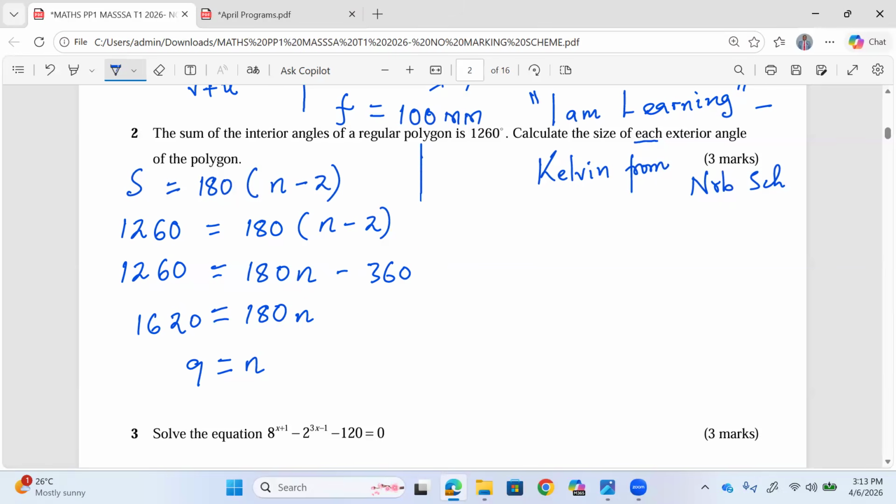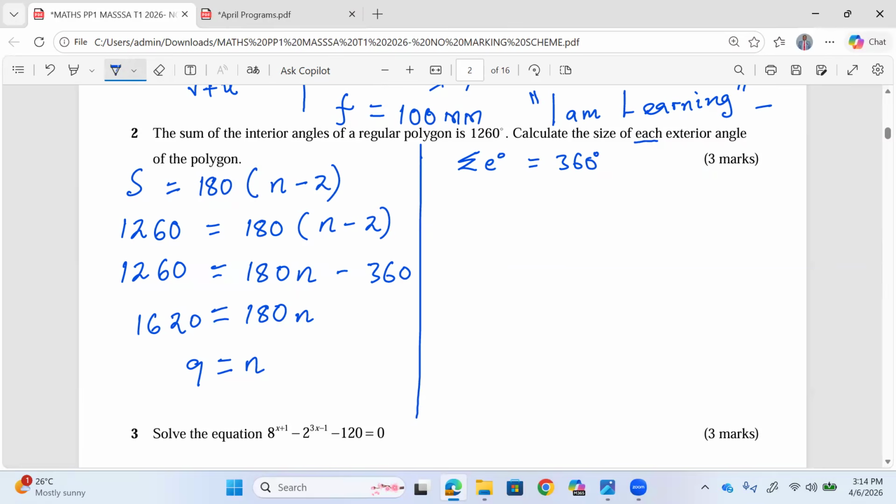After getting the number of sides, there are several ways that you can use to find the size of each exterior angle. And I want to take you slowly. One way is to say that the sum of exterior angles is usually 360, regardless of the number of sides.